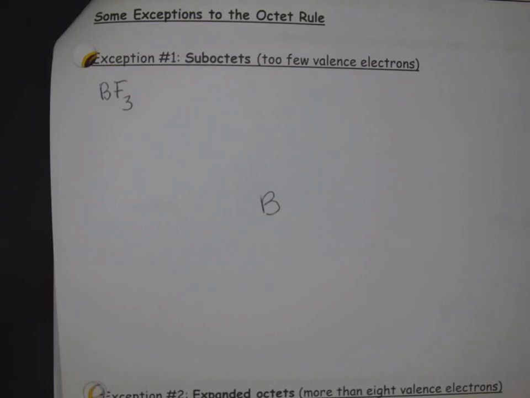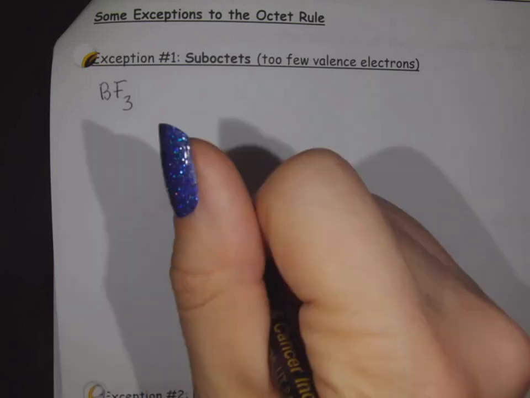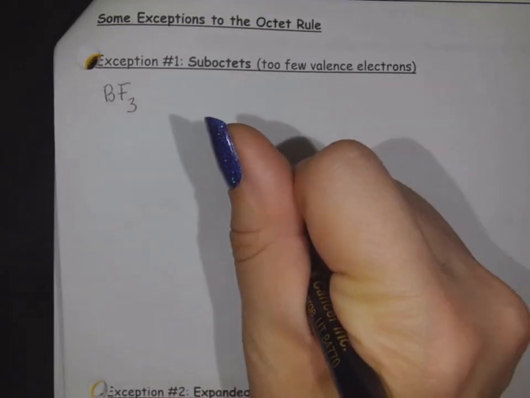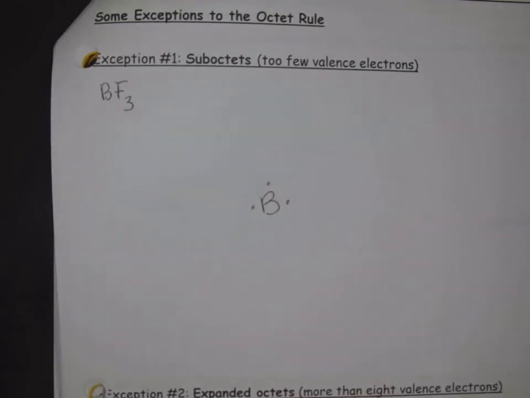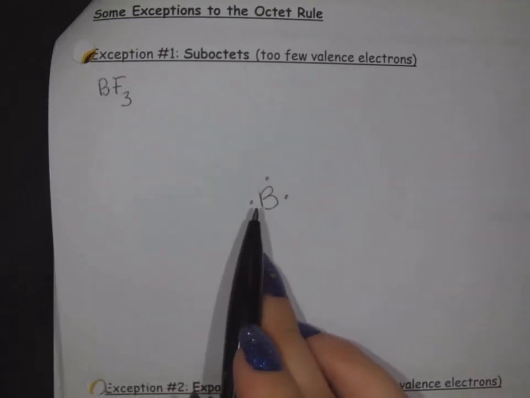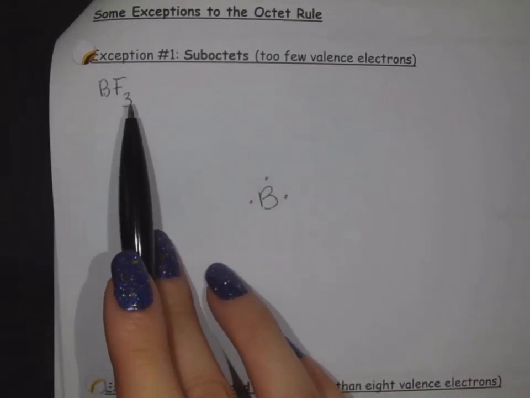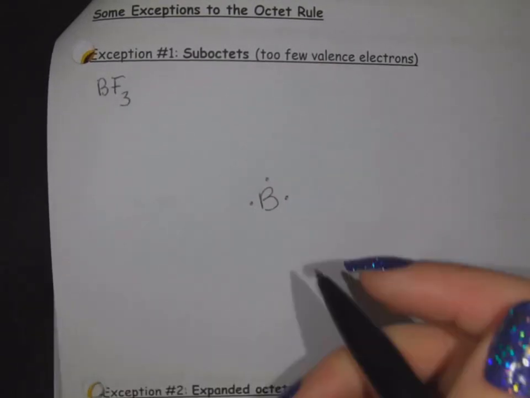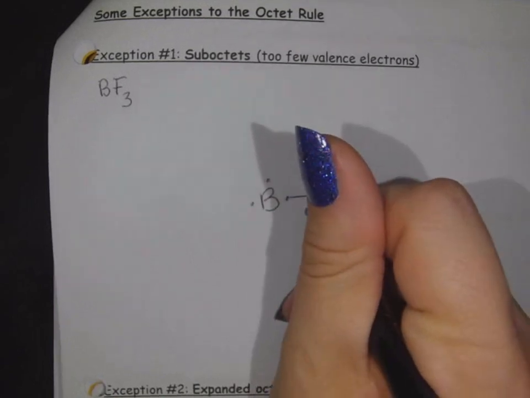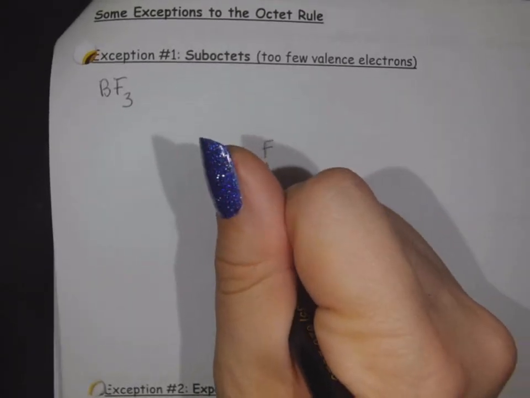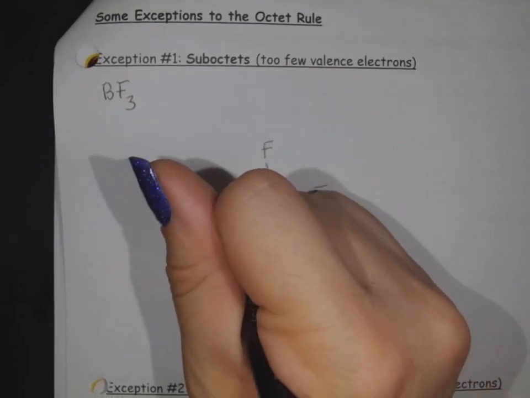Meaning, boron is in group 13, so I know it has 3 valence electrons here. And this is convenient because I have 3 fluorines that are wanting to be bonded to that. And so there's a fluorine, there's a fluorine, and there's a fluorine.